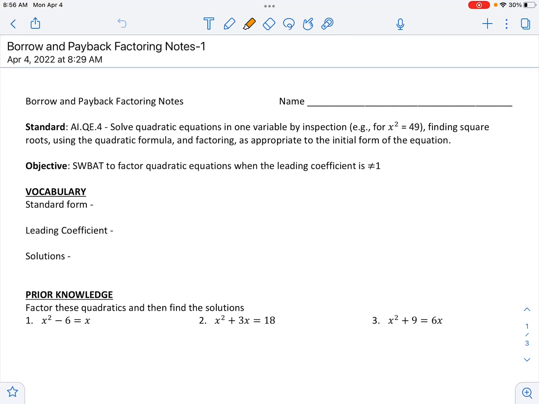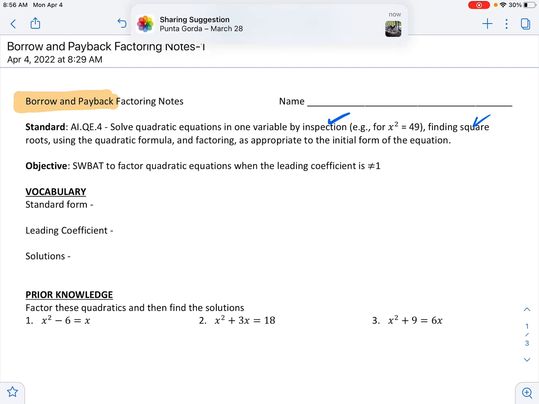Today we are going to start day 2 of factoring, and this time we are going to do the strategy of borrow and payback. As we can see, the standard asks us, we've already done one variable by inspection, finding square roots, we've done that as well.